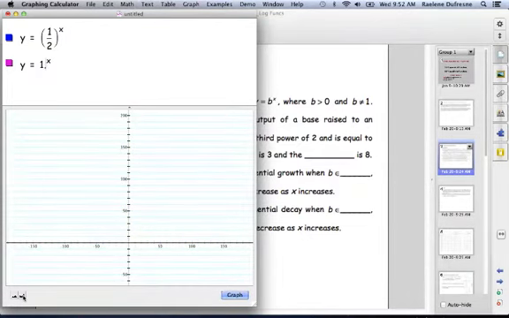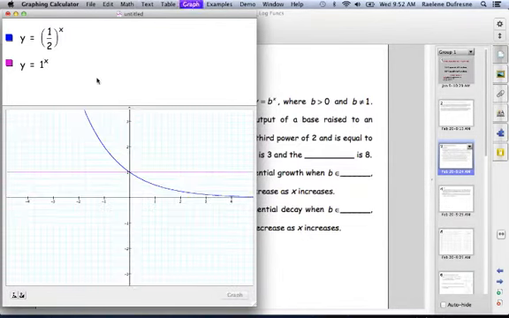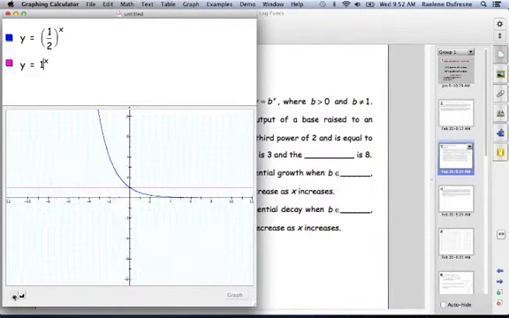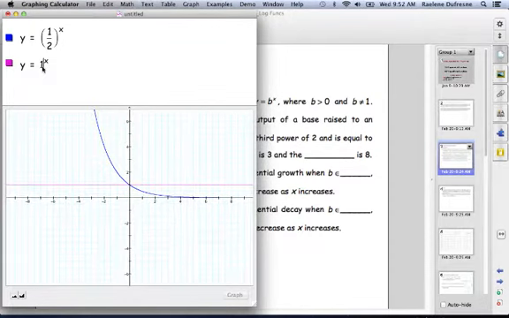If we have a base of 0, we actually don't get exponential growth. If we zoom out, we know, if we have a base of 1, that is, 1 raised to the exponent of positive x is always going to be 1. And 1 raised to an exponent of a negative number is the reciprocal of 1 raised to the positive exponent. And that value is also going to give us 1.